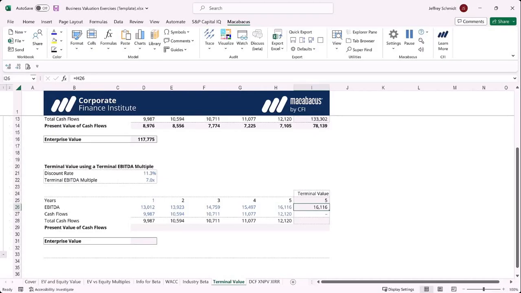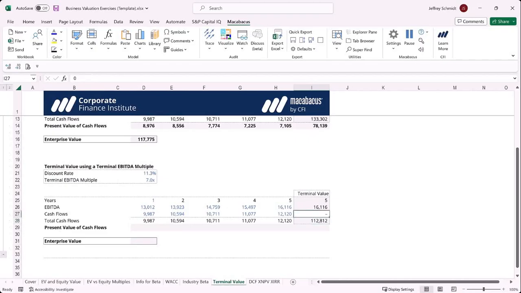And so we use that year 5 EBITDA, the last 12 months EBITDA, in order to calculate our terminal value under this methodology. So now we can take our EBITDA and multiply it by our 7 times EBITDA multiple to get our terminal value.